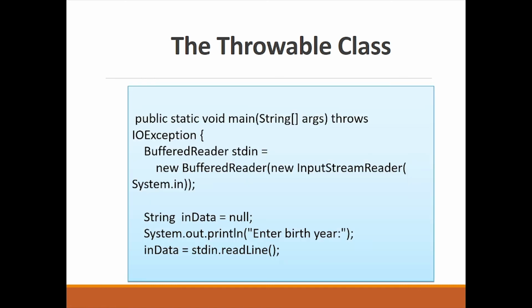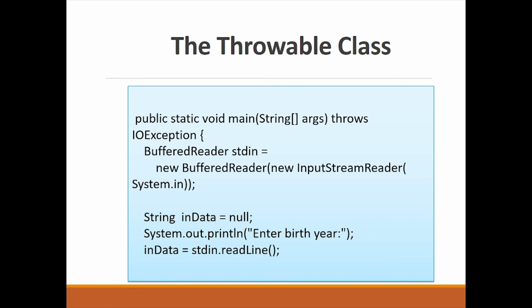Now on our main method, we actually have here another throws, which is an IOException. This BufferedReader stdin is actually the code that we use for file management in Java.